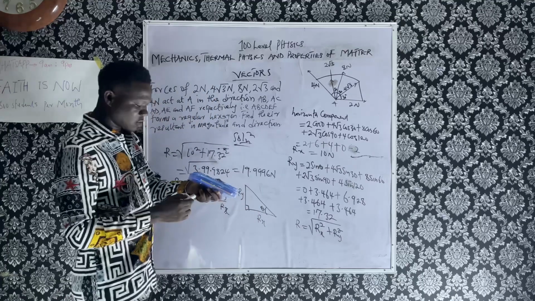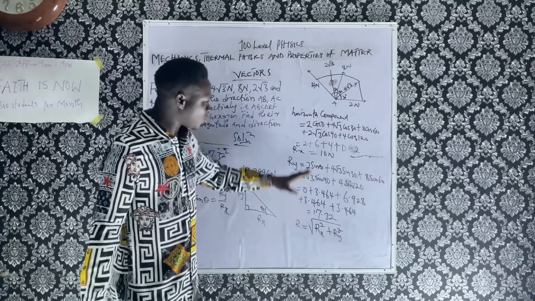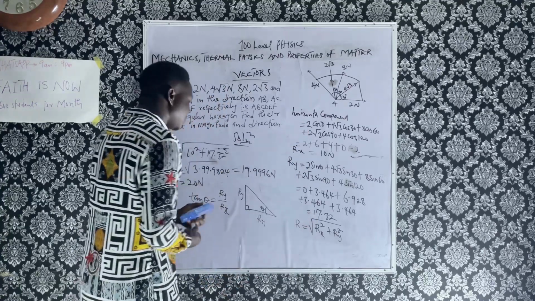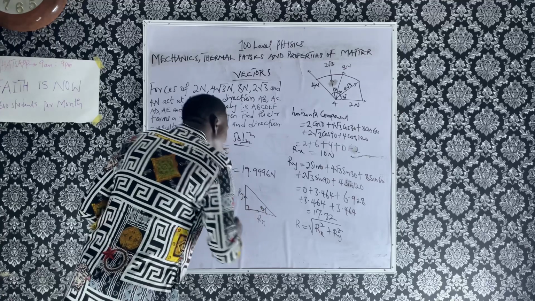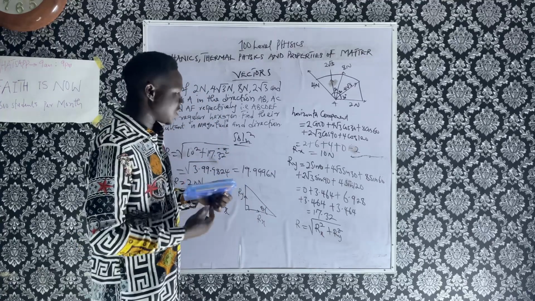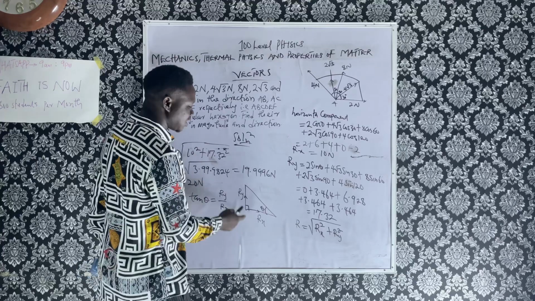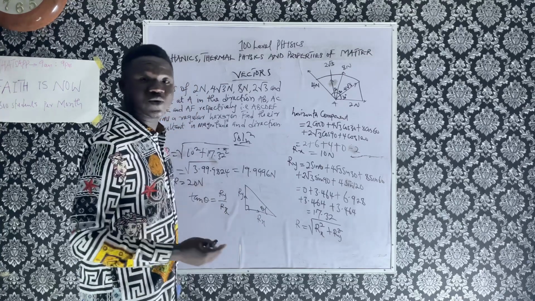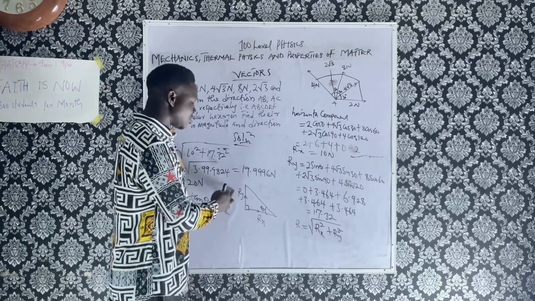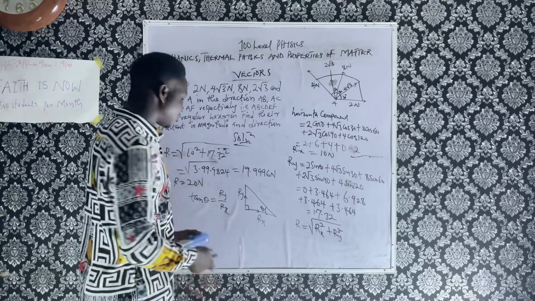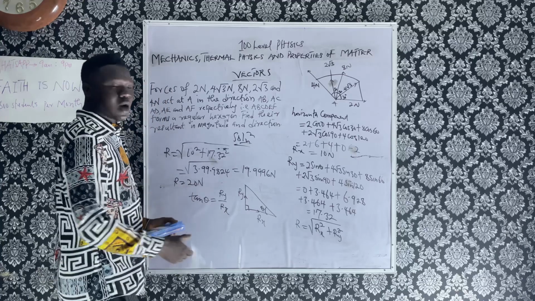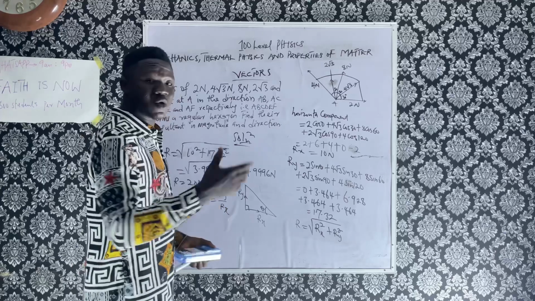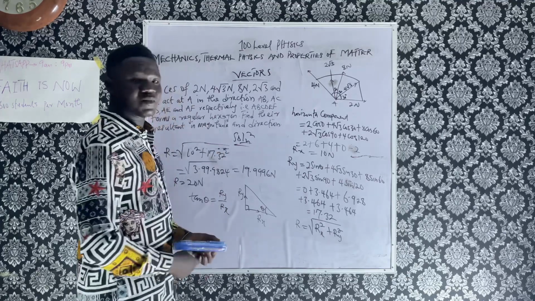We've resolved it into the component of Rx, that's the horizontal component, and Ry, which is the vertical component. Here is the opposite, here is the adjacent. So from the ratio of tan, that is opposite over adjacent. That's just basically how we got this formula, if I'm to recall from the previous video.